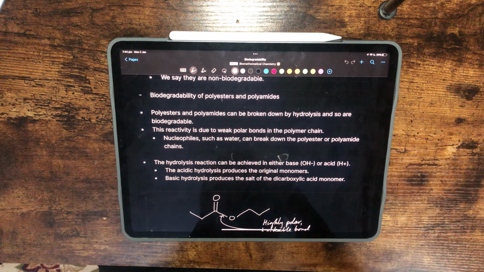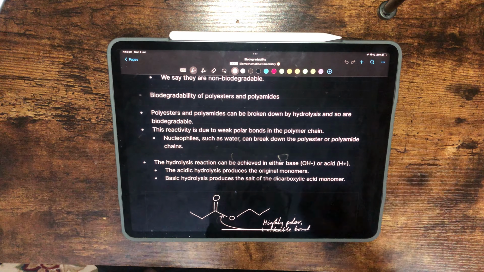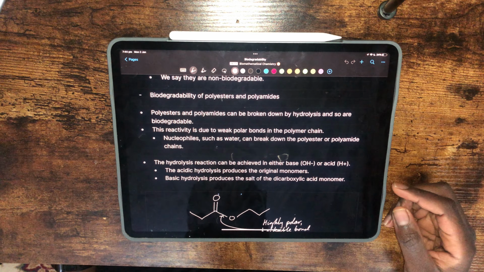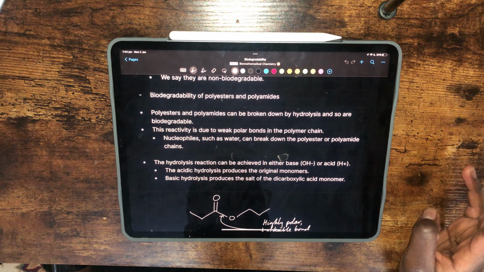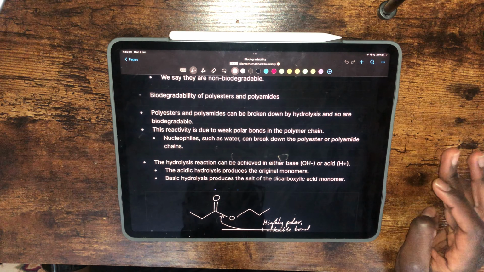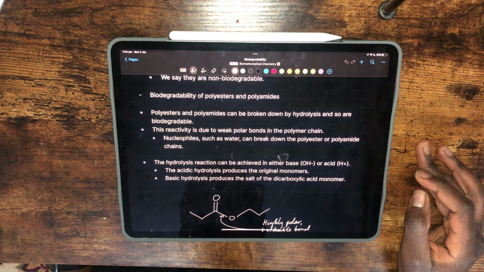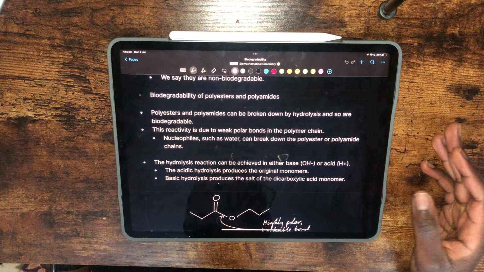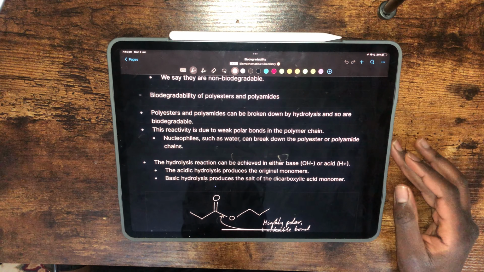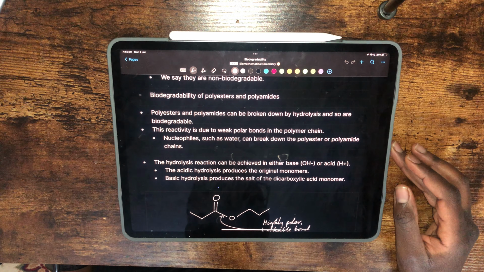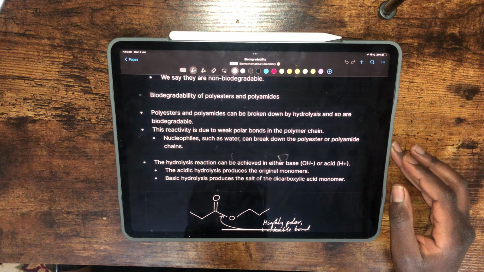Hopefully I made that clear. I said it enough times. And I also want to cover one last thing. In biology, hydrolysis can be done with water. But when I talked about it with my chemistry teacher, it doesn't make sense to break these compounds down with just water. If you put water on top of one of these bags, it doesn't break it down. Nothing will really happen to it.